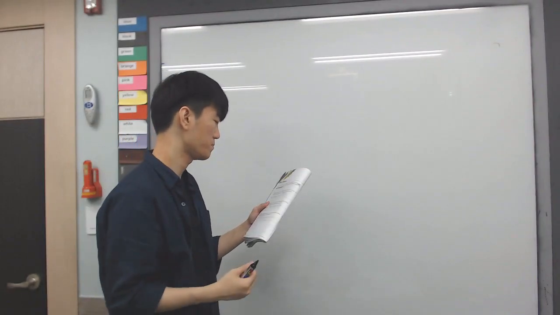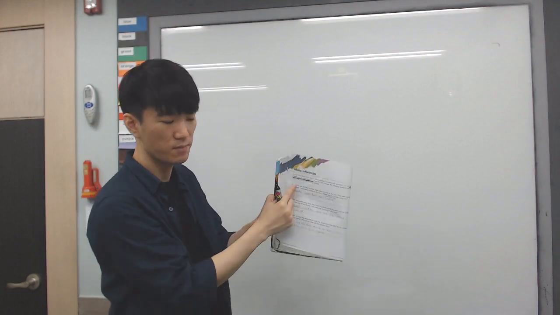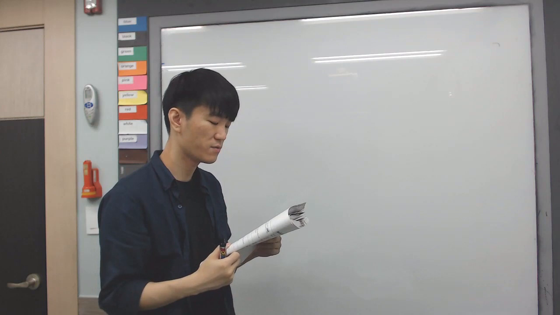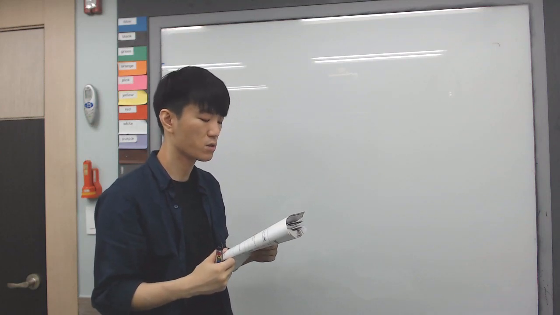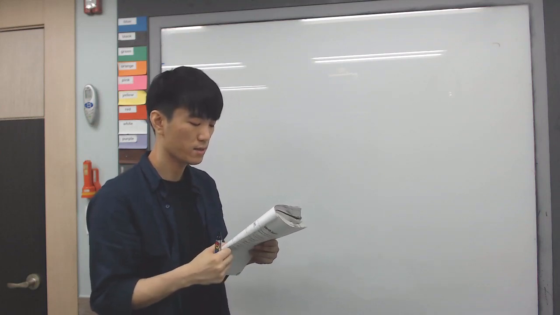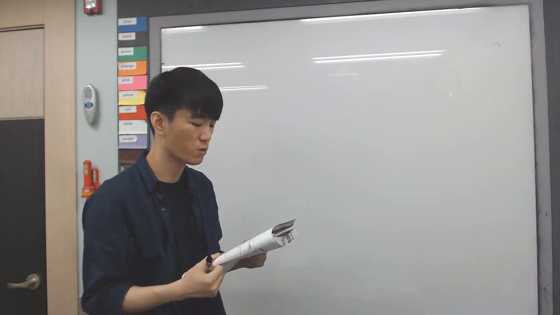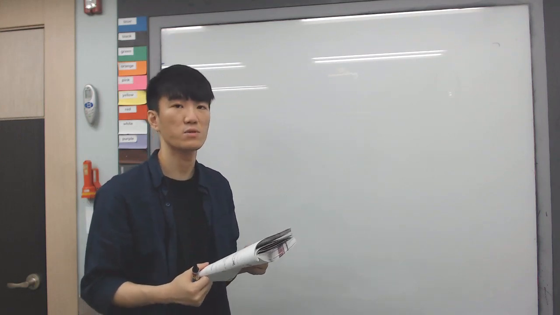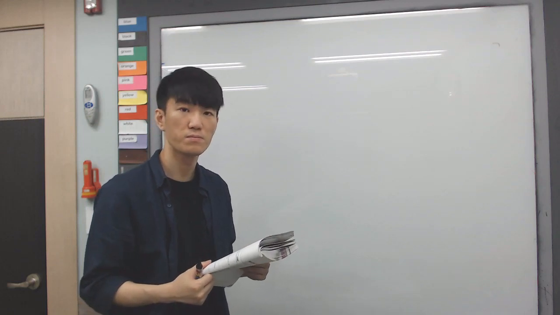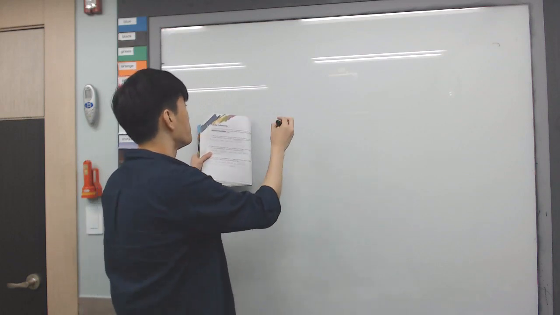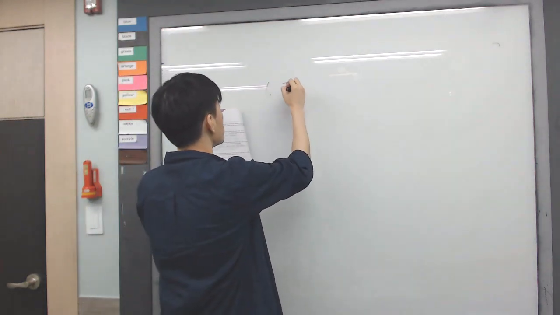So number one, let me read. Please look at number one question. All that was left were crumbs. There were crumbs on the rack. There were crumbs on the table. There were crumbs on the floor. Where did the crumbs come from? Easy.